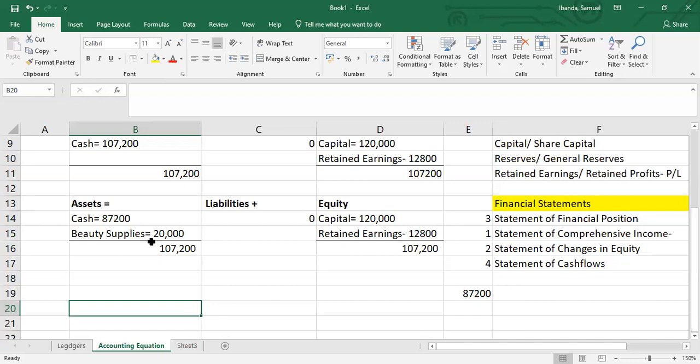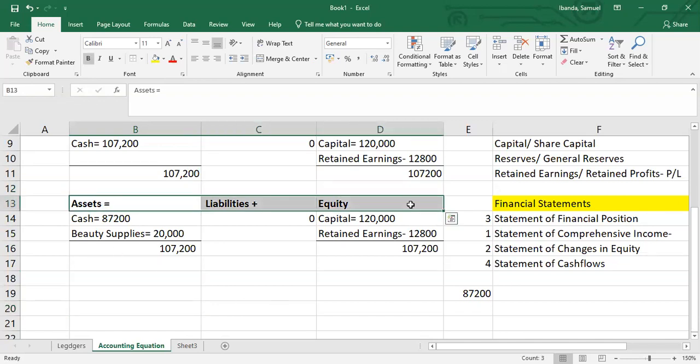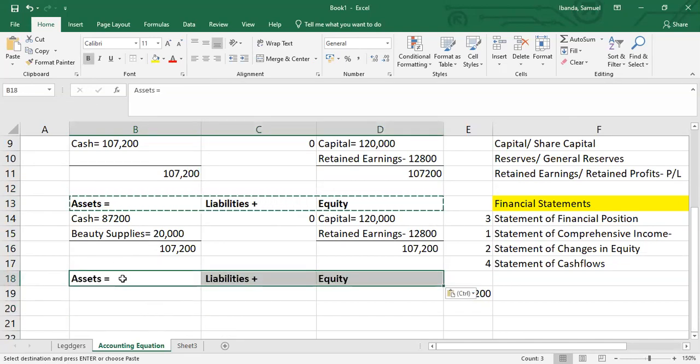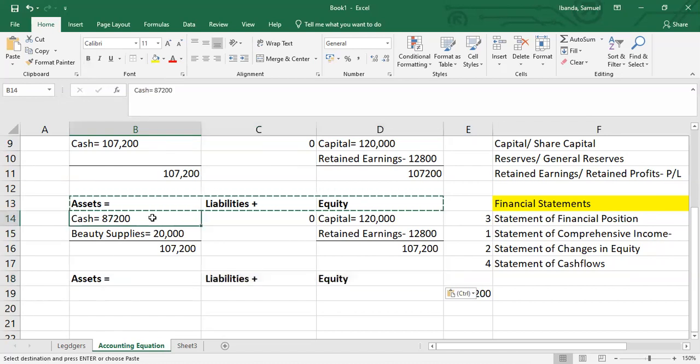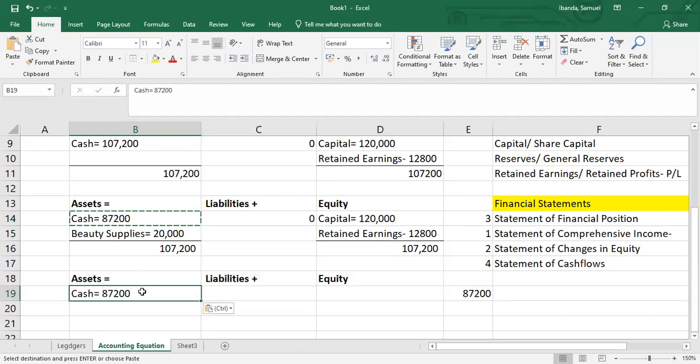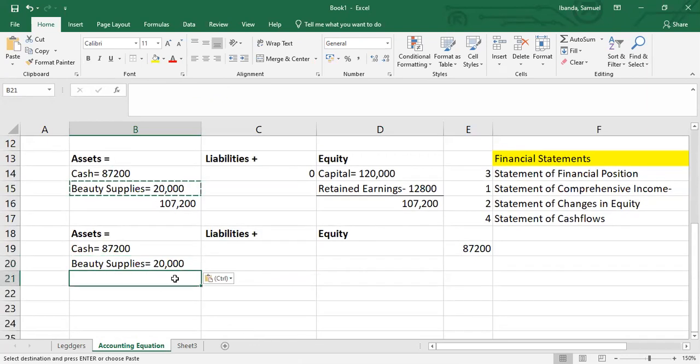And then I'll proceed to my accounting equation. I'll still pick my headings as they are. Then I'll ask myself, does this affect my assets, cash in particular? No. Does it affect my beauty supplies? Definitely no. Does it bring any asset on board? Yes.